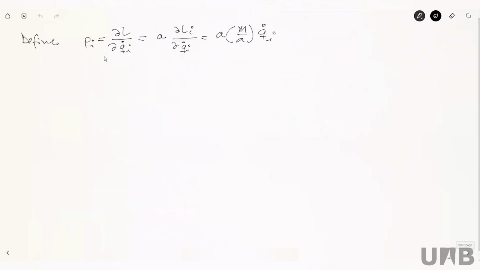And what I see is that if I define the canonically conjugate momentum like this, when a goes to 0, m over a is mu, a constant, but the factor a disappears, goes to 0. So this definition is no good. I cannot define a canonical conjugate momentum like this because it is going to disappear in the continuum. So this is not a good definition.